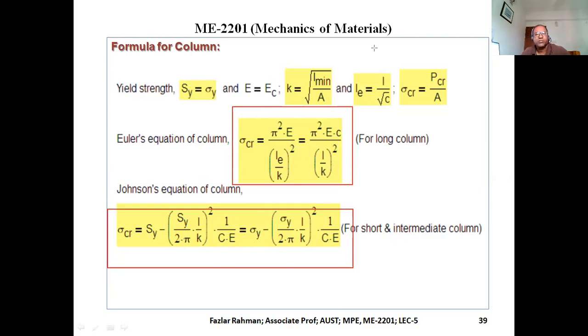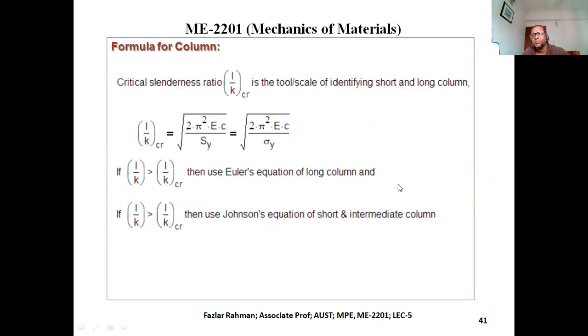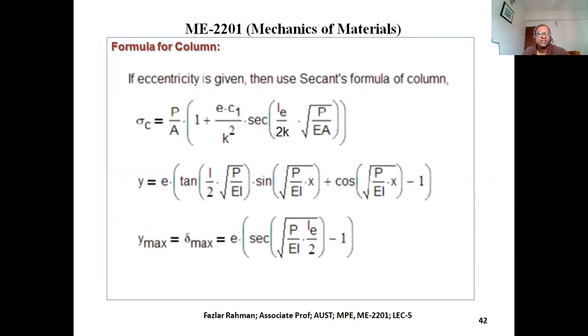In both cases, long and short and intermediate columns, the direction of load goes through the centroidal axis of the column. But if you apply load eccentrically, then you need to use the second formula of column, which I put over here.